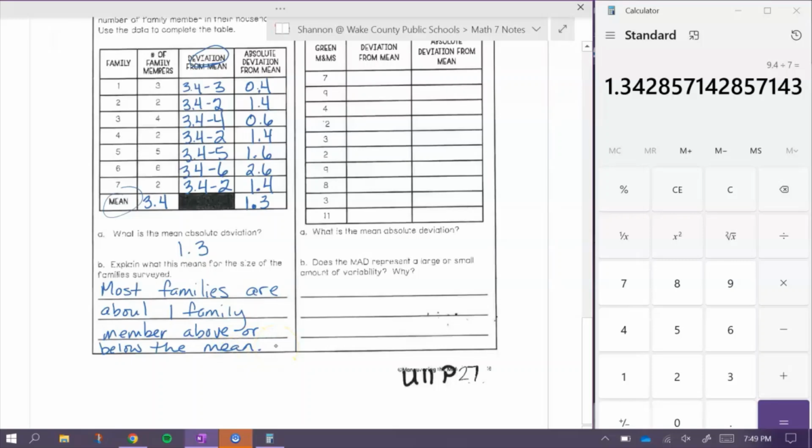So the mean was about 3, a little bit more than 3. Most families were between 2 and 4. So not too much of a difference anyways.